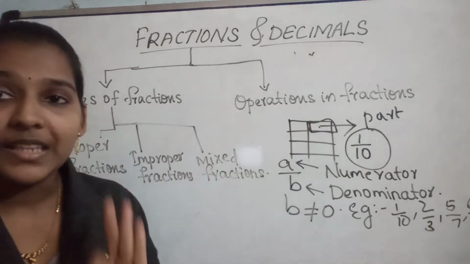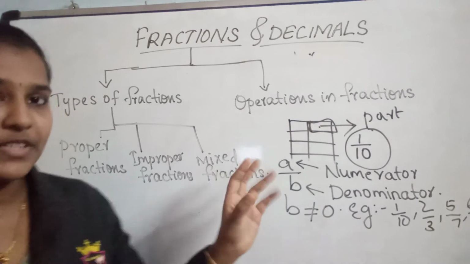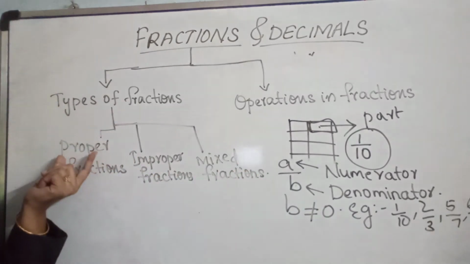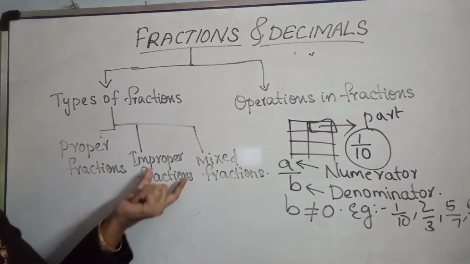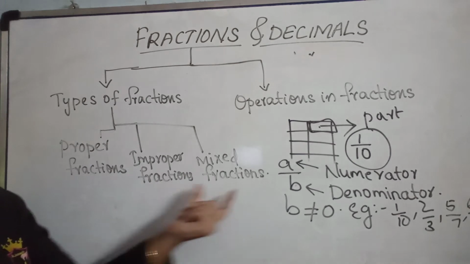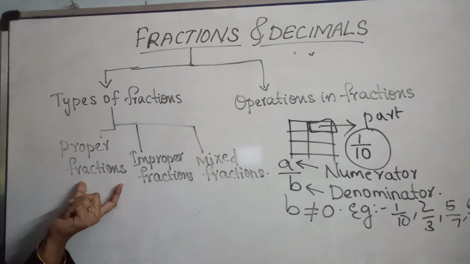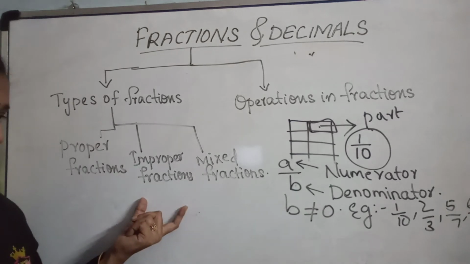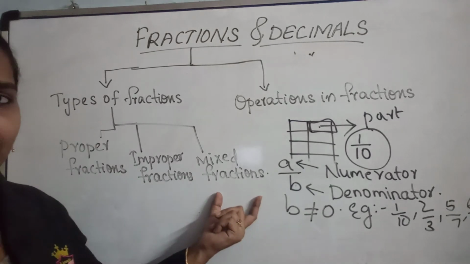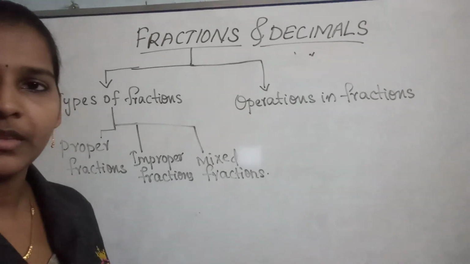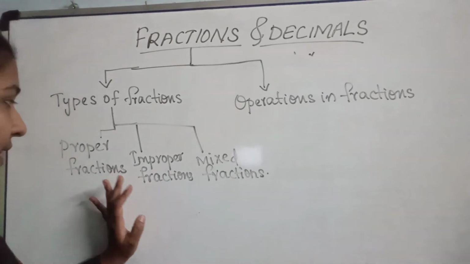Now we are moving to types of fractions. There are 3 types of fractions: proper fractions, improper fractions and mixed fractions. Now children, can you tell me what proper fractions are?